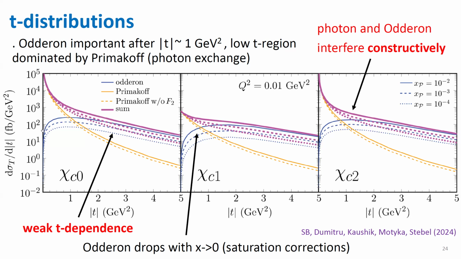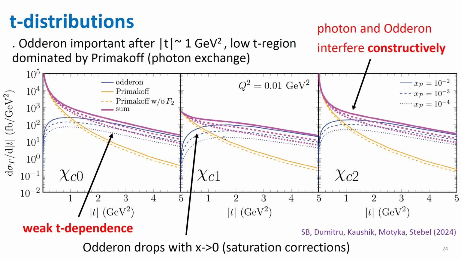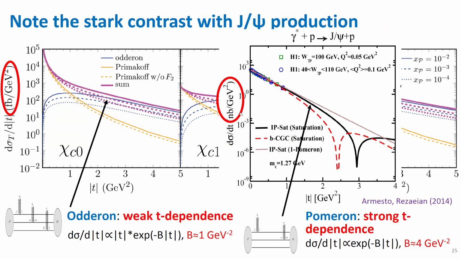And of course, the elephant in the room here is the size of this cross-section. You might have noticed that this cross-section is of the order of 10 to 100 femtobarns at most. Comparing to J/psi, of course, J/psi has a very large cross-section, but it's also interesting to compare the t-slope.